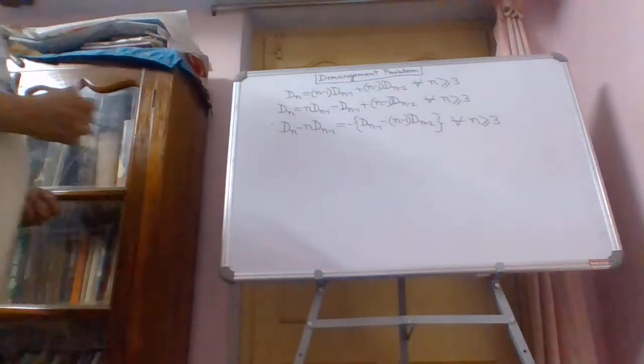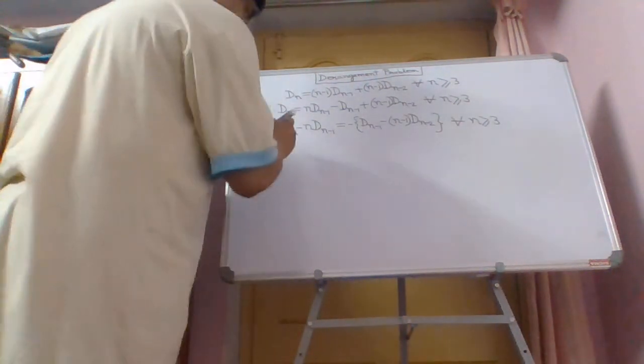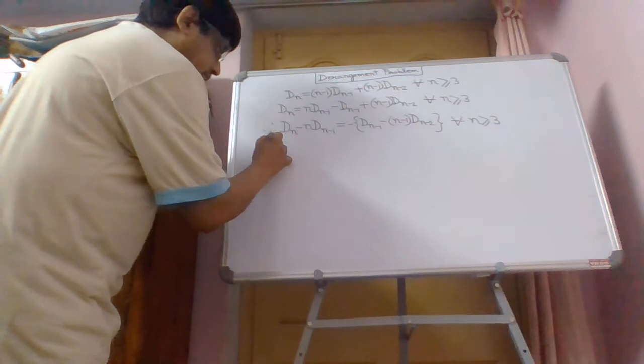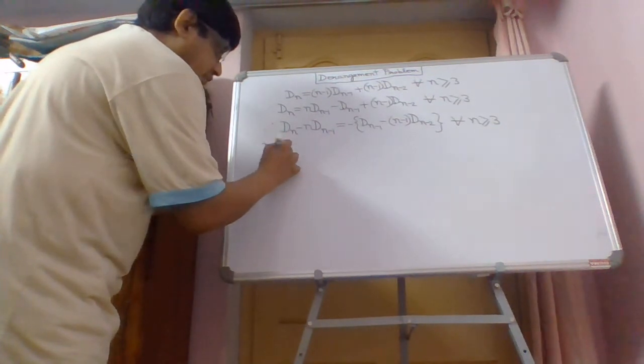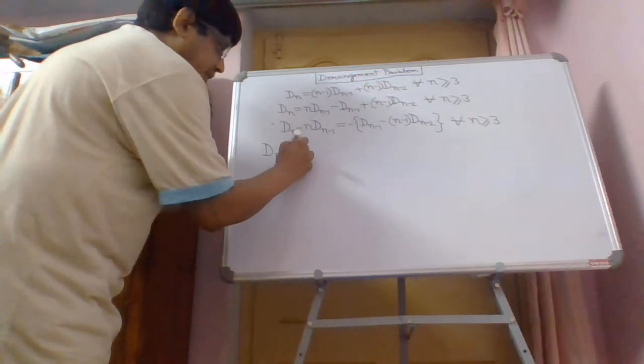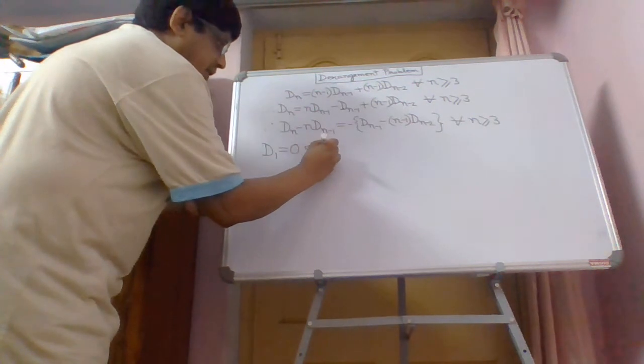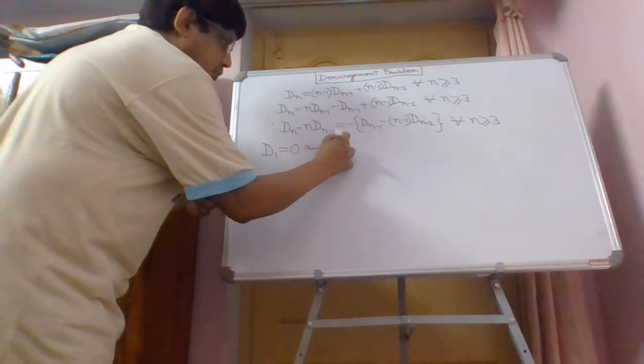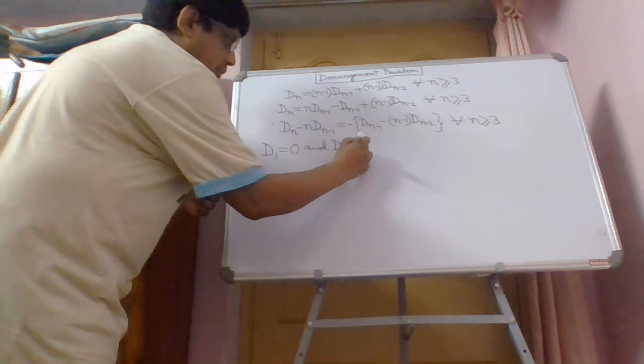Now previously we have seen that d1 is equal to 0 and d2 is equal to 1.